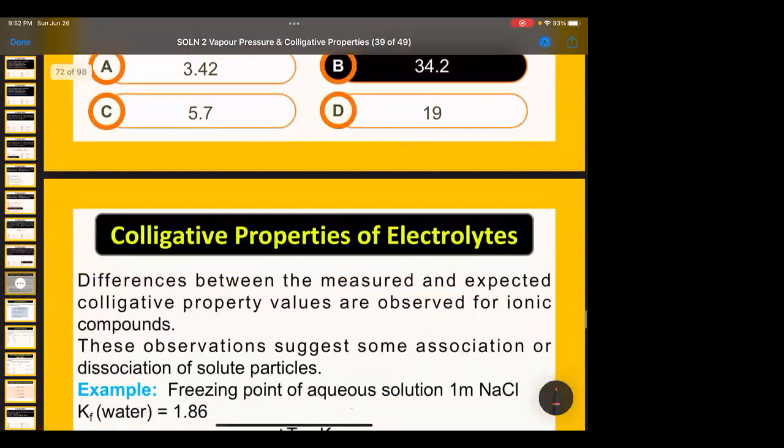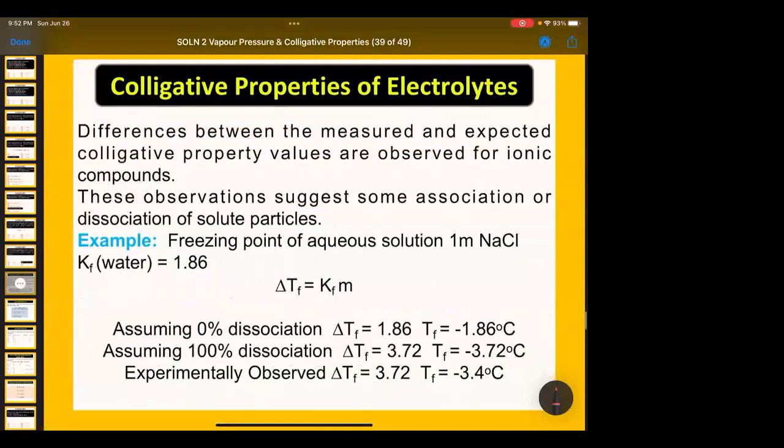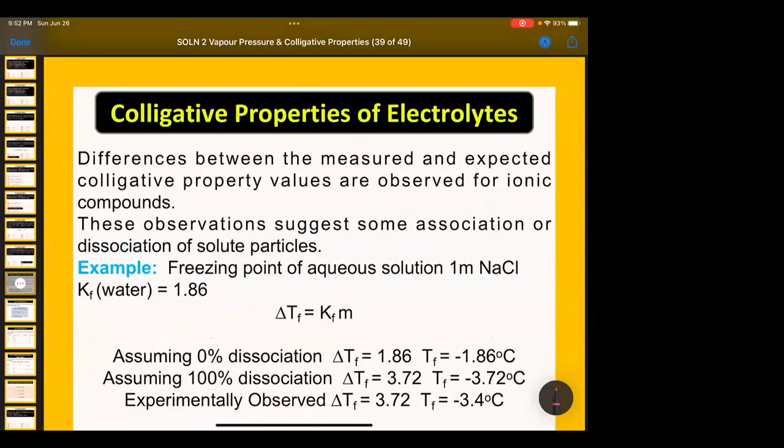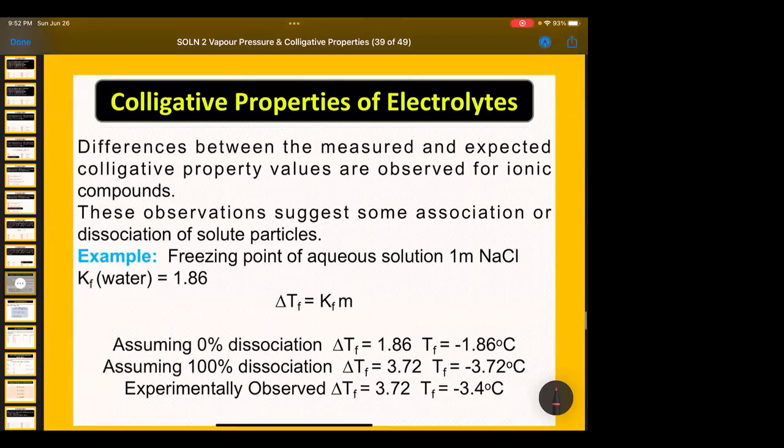So now we are moving to a very, very important thing. These are the normal colligative properties. Now we are moving towards the colligative property of electrolytes. Is it clear? What are the precautions which we need to take?